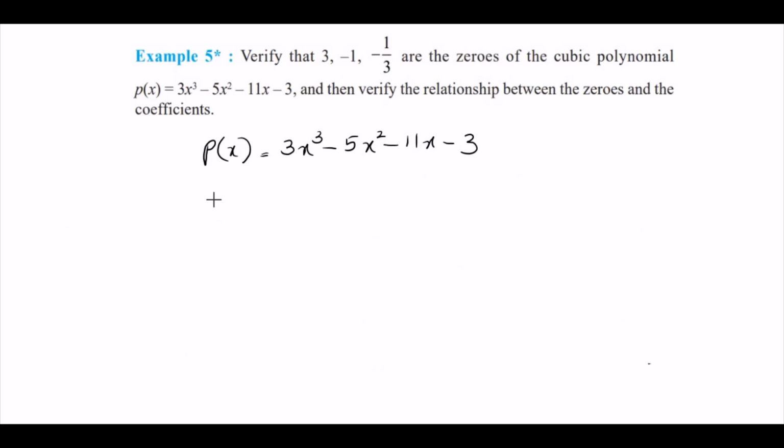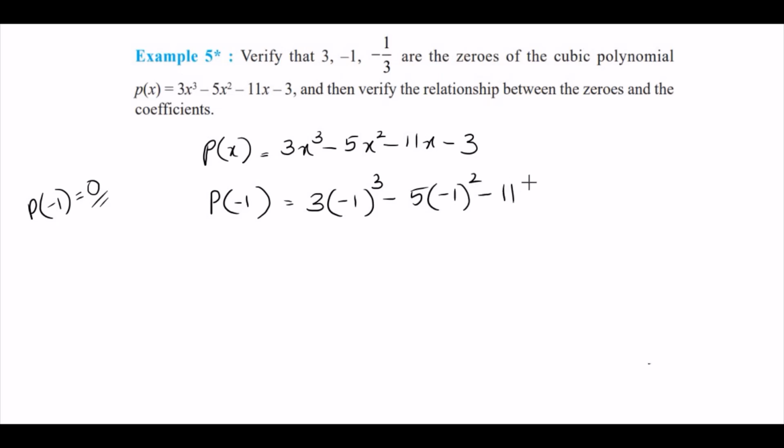The same way, let's check for negative 1 and negative 1 by 3. So let's give p of negative 1. When you give p of negative 1, if you get the polynomial value as 0, then you can say negative 1 is a zero of that polynomial. So 3 into negative 1 cube minus 5 into negative 1 square minus 11 into negative 1 minus 3.